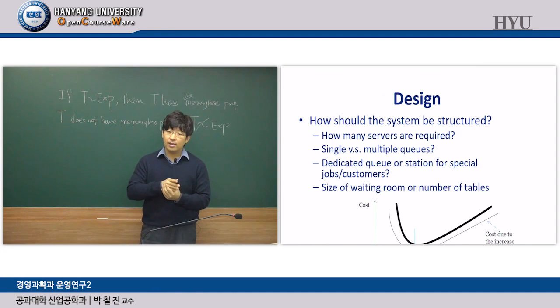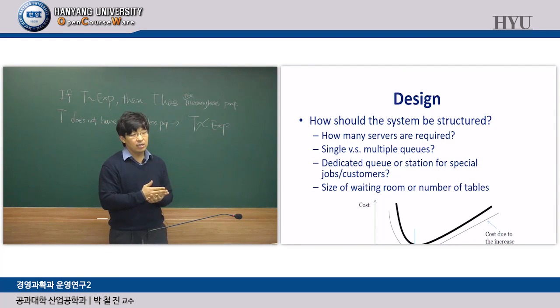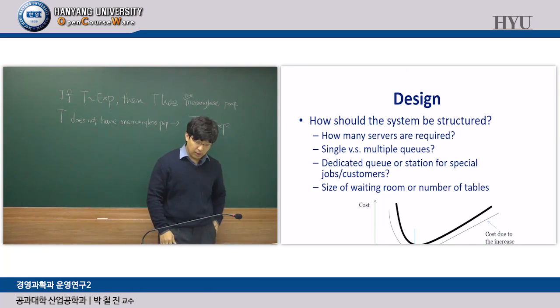And then you can select the best design parameter, like how many doctors we need to hire, how many machines we need to install, something like that. That is the question in our case.